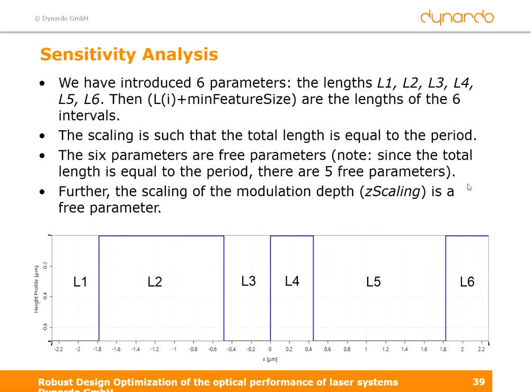for our setup. To do this parametric optimization, we introduced 6 lengths, which correspond to this structure, which means we have here 6 intervals, and the scaling is such that the total length is equal to the period.